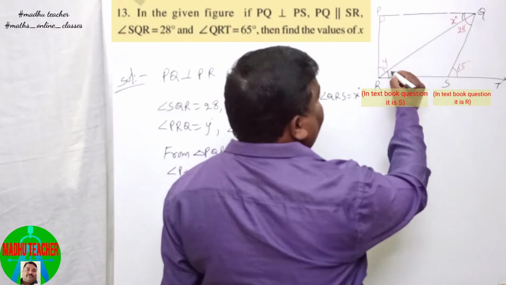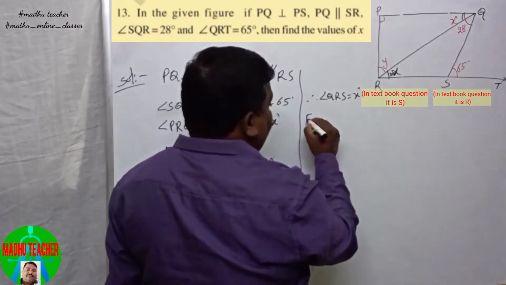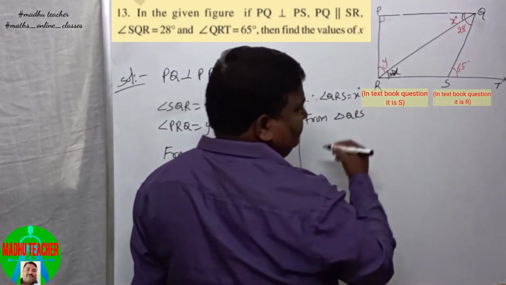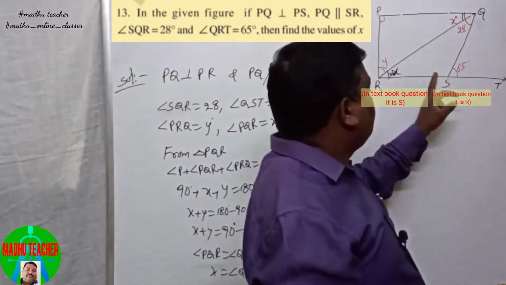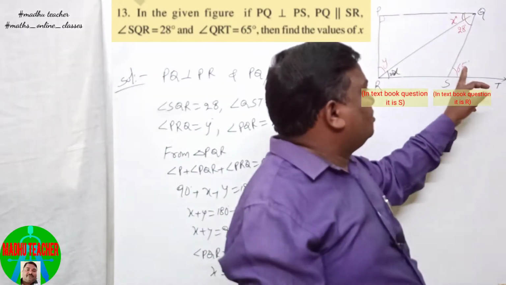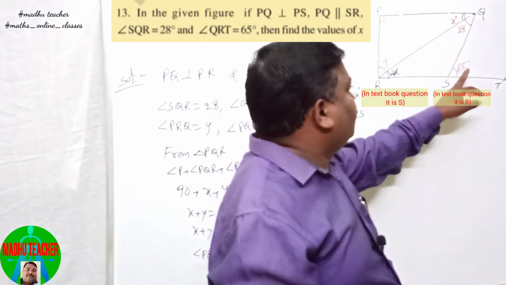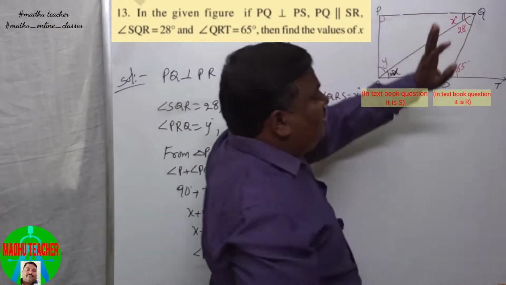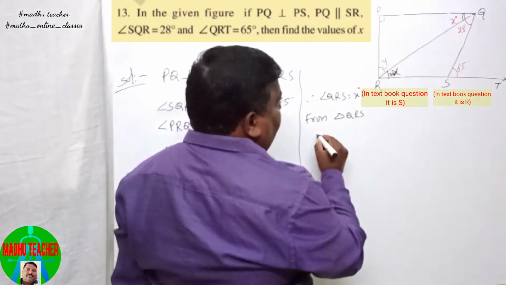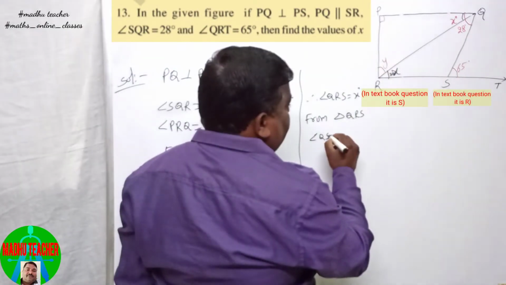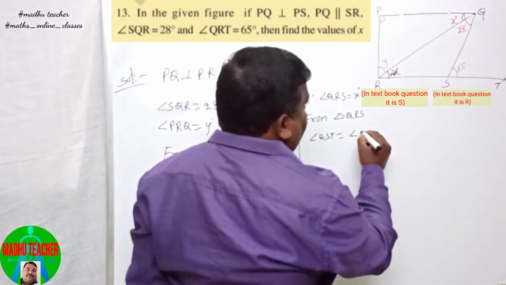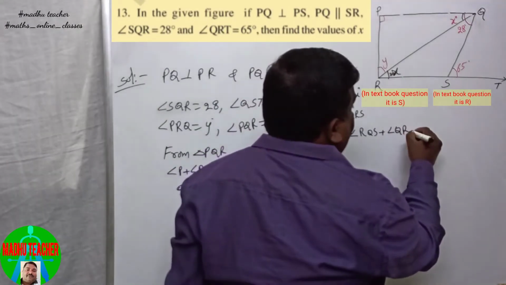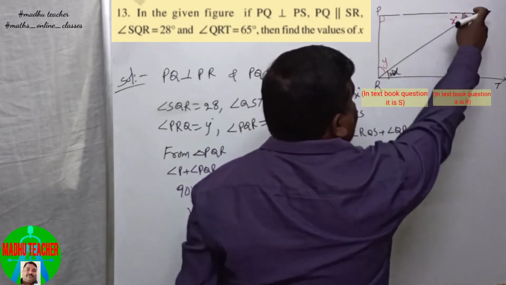This is x. Now, from triangle QRS, RS is extended, so 65 is the exterior angle. The exterior angle equals the sum of the opposite interior angles. So therefore, angle QST equals angle RQS plus angle QRS.